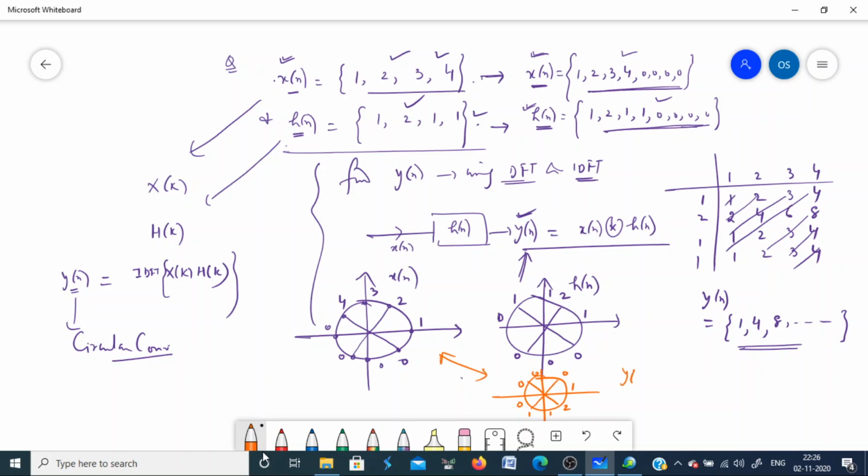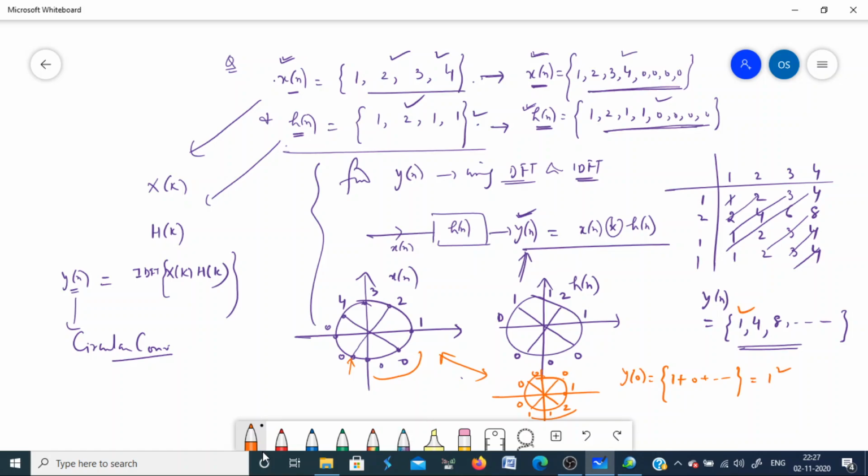So y of 0 will be equal to 1 multiplied with 1, 1, plus the rest, which are zeros, so their product is 0. So y0 is 1 plus 0 plus 0. You are getting 1.